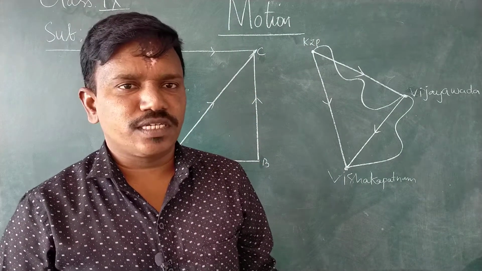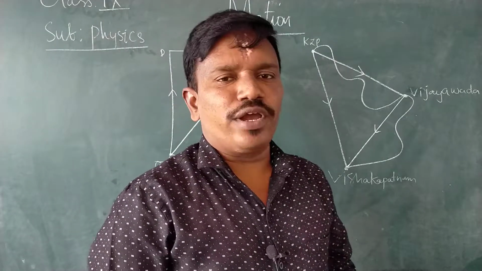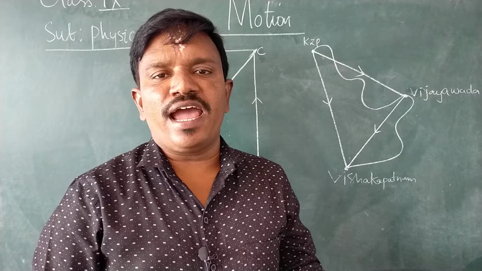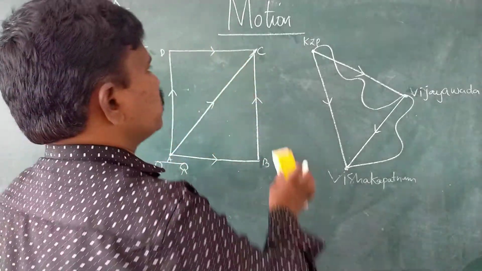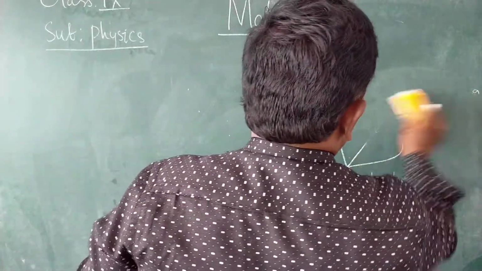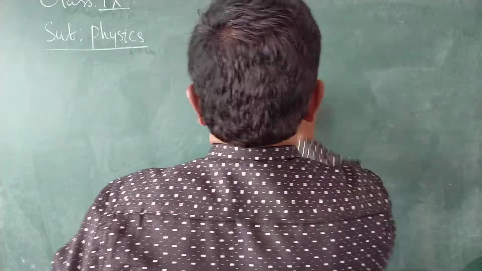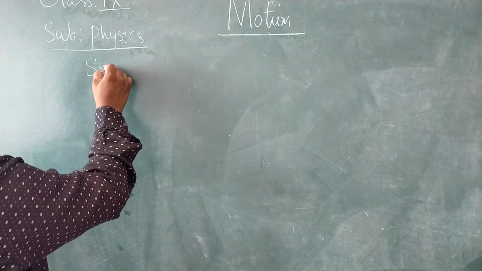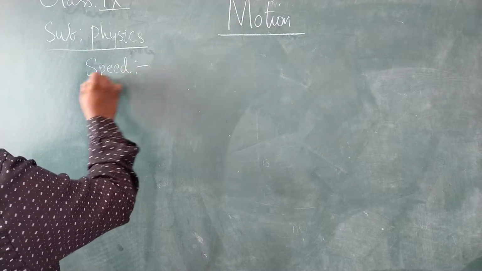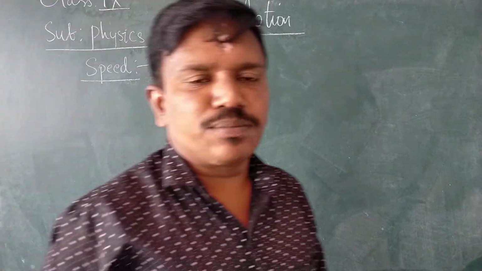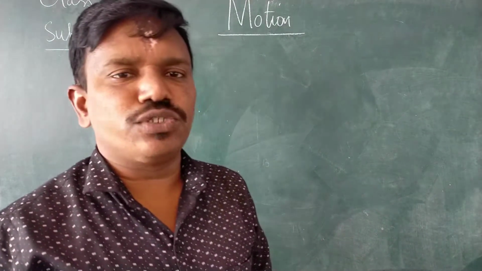Okay, children. The next topic we are going to learn is the difference between speed and velocity. What is speed? Speed is the ratio of distance to time.